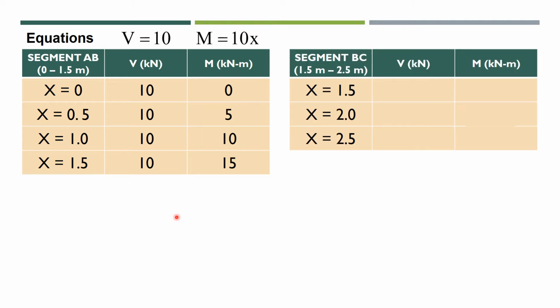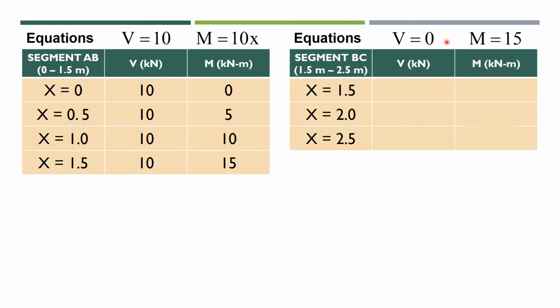So for segment BC, we will do the same. So this time, 0.5 meter ulit ang ginamit ko na increment. So that from 1.5 to 2.5, we have x equals 1.5, x equals 2, x equals 2.5. So using the shear and moment equations for segment BC, dito nakita natin na kapag walang variable na x, ang value ng shear is the same at all points.